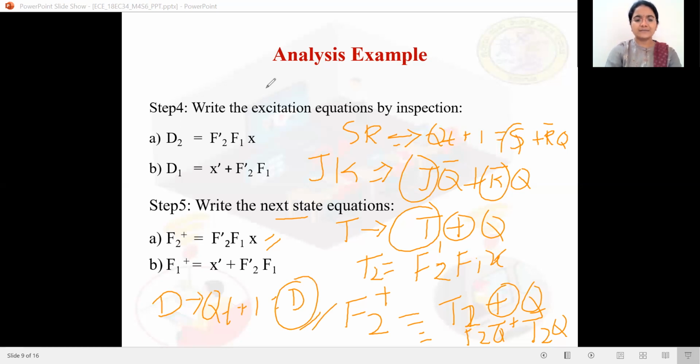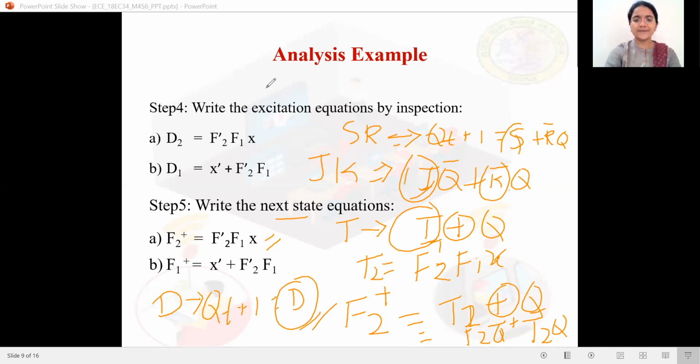Excitation equations means the inputs for the flip-flops, while the next state equation consists of those inputs, that is T, J, K, and S, R in the next state equation.